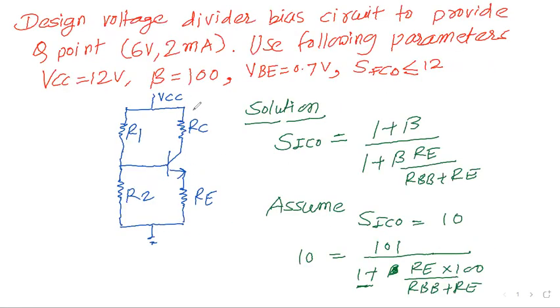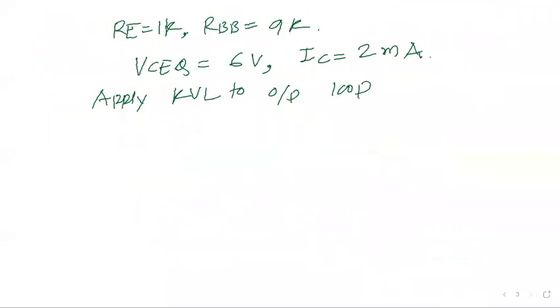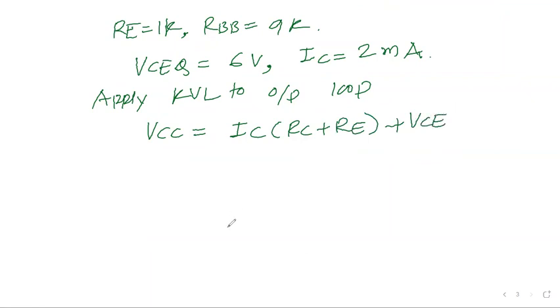When you apply this, you know that VCC is equal to voltage drop across RC plus voltage drop across RE plus VCE. And I can directly write VCC is equal to IC into (RC plus RE) plus VCE.